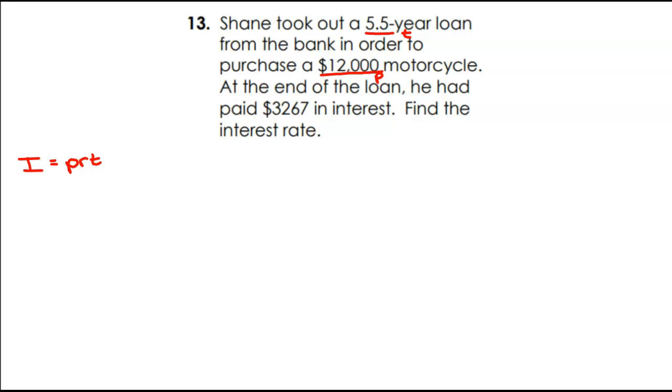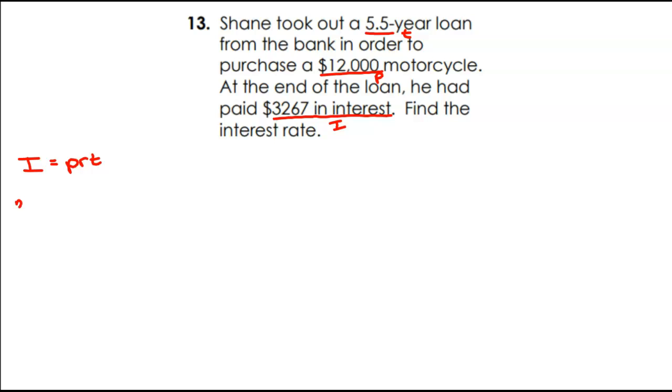And then it says at the end of the loan, he had paid $3,267 in interest. So this is I. So we're looking for the rate. We're solving for R. So we're going to substitute everything that we were given into the formula.